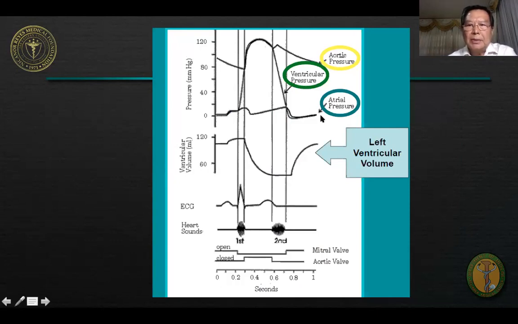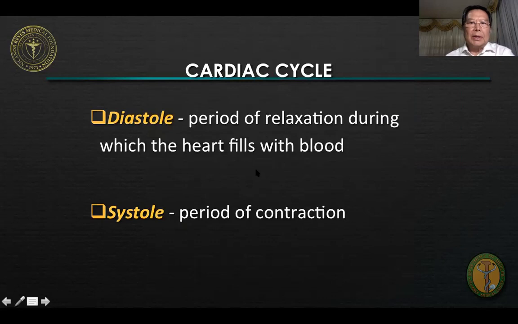And the atrial pressure at the diastole, both the left ventricle and the left atrium are the same, and so with this, right? And this is very important, your left ventricular volume, okay? Take note that there are changes in the volume inside the left ventricle at systole and at diastole, right?